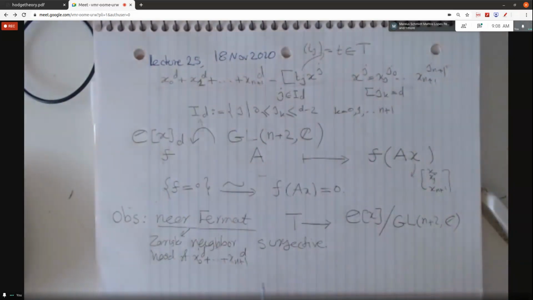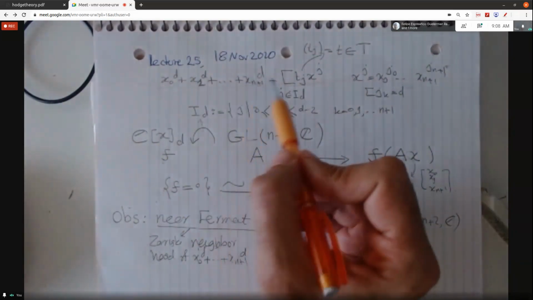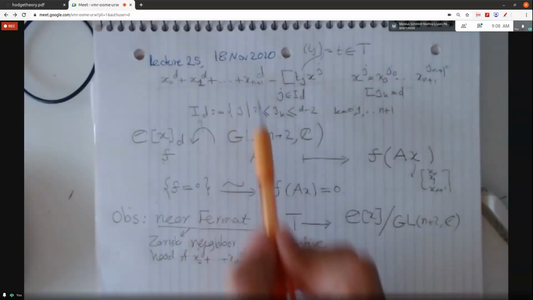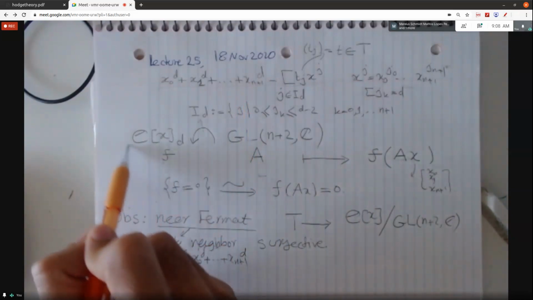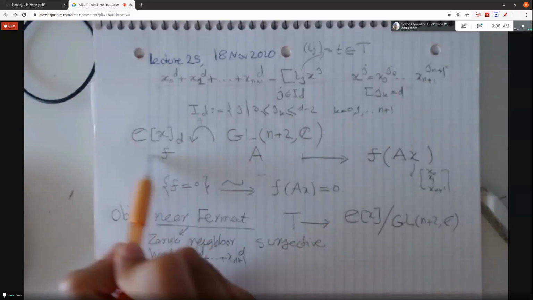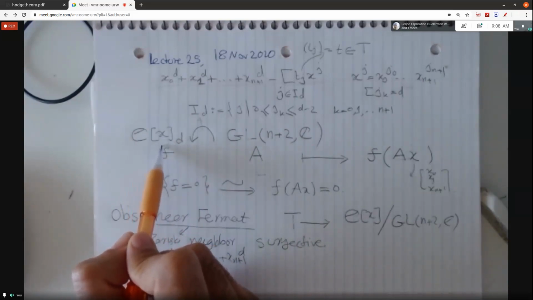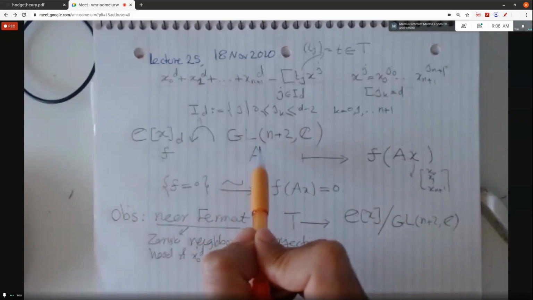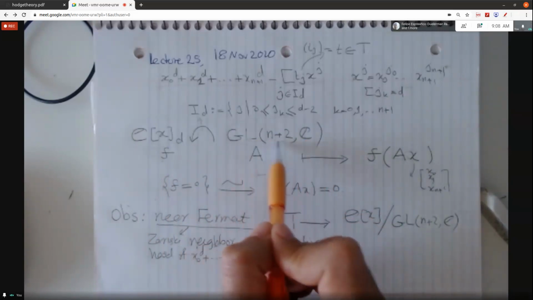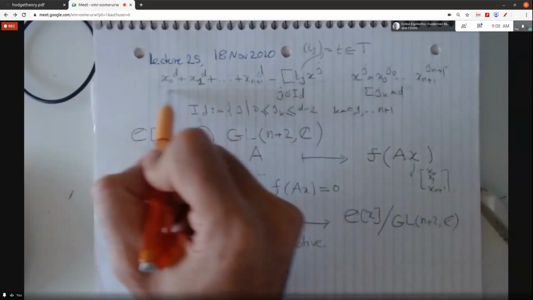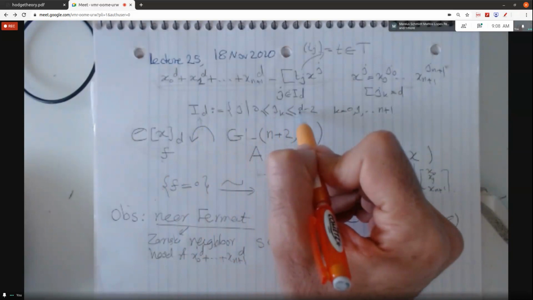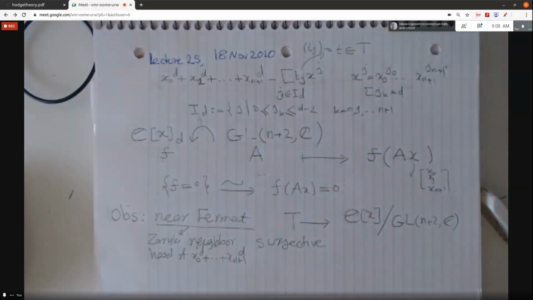So the statement is this one. In the space of homogeneous polynomials of degree d, there is a Zariski neighborhood of Fermat such that any hypersurface in this Zariski neighborhood, up to the action of GL of n plus 2, can be written in this format with all the exponents at most d minus 2.